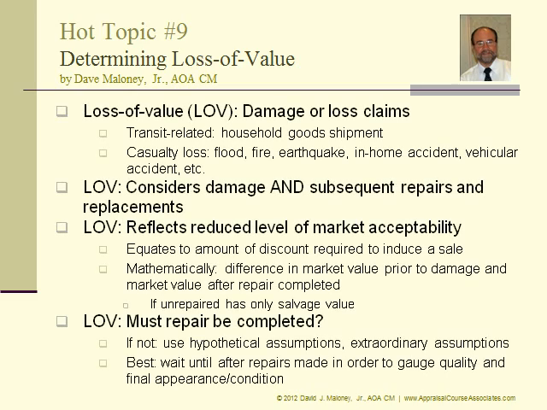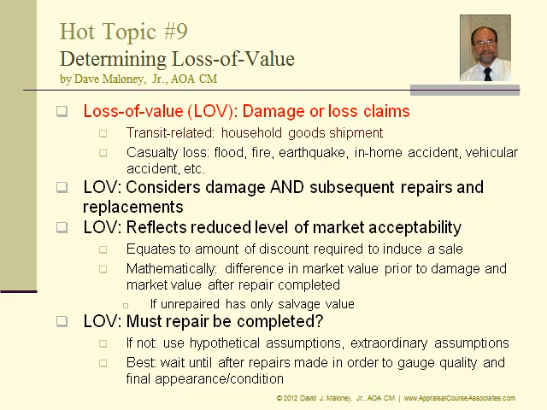Now on to loss of value. As noted earlier, a determination of the loss of value or diminution of value or diminished value, whatever you choose to call it, of damaged personal property is most frequently required in order to arrive at a fair and timely settlement of a transit-related damage claim or a casualty loss damage claim.